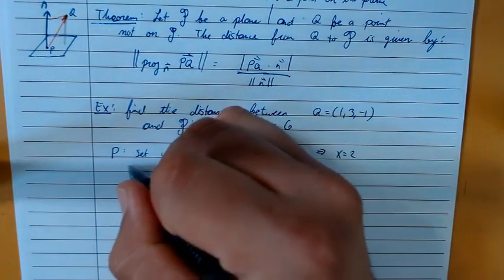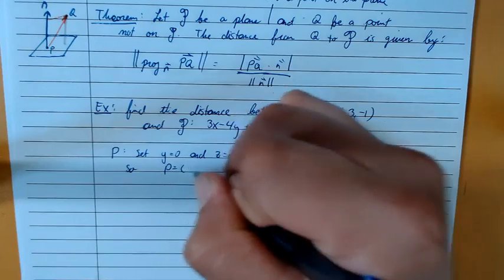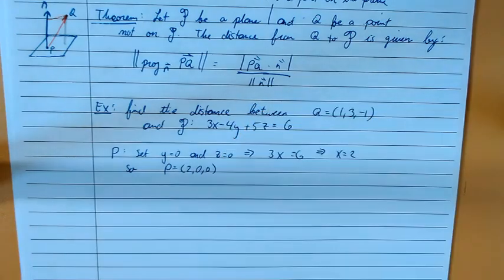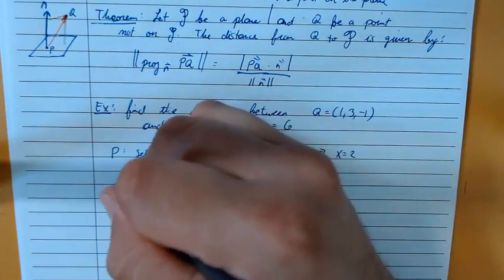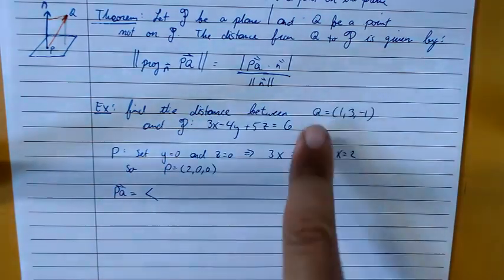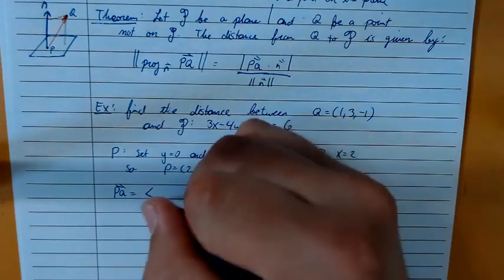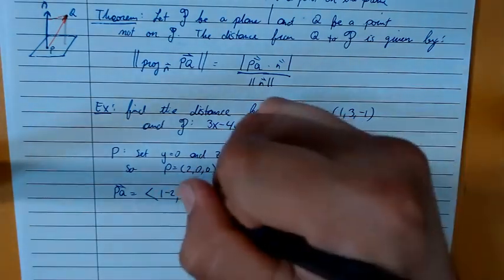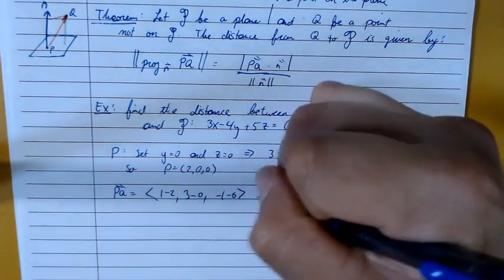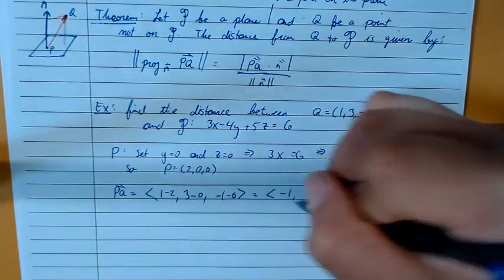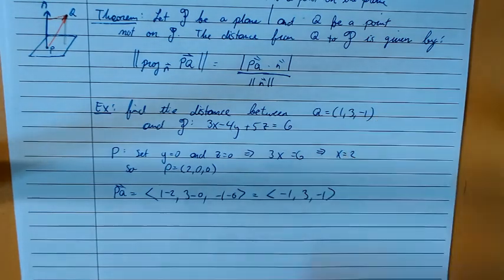So that means P is equal to the point (2, 0, 0). Then that means PQ would equal, we know Q already, let's subtract away P: 1 minus 2, 3 minus 0, negative 1 minus 0, which gives us the vector (-1, 3, -1).